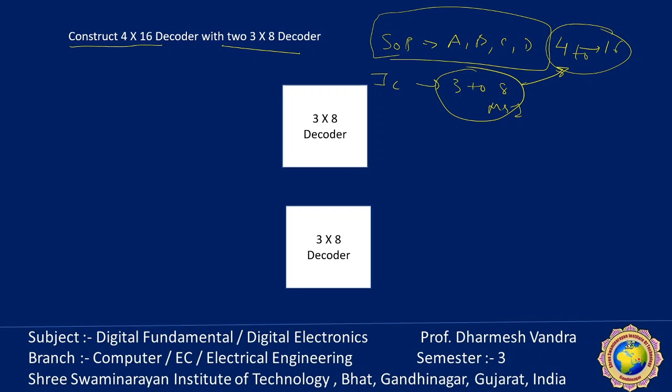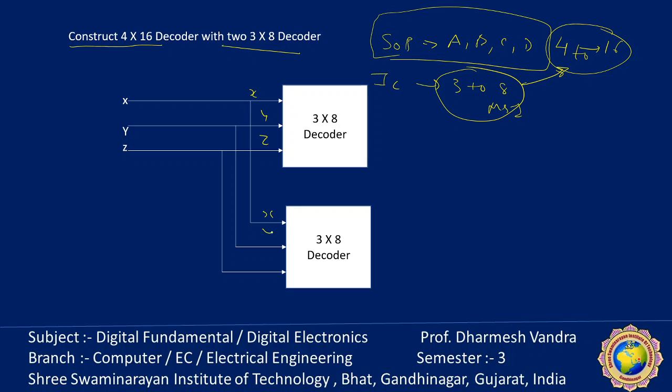Okay, so the first decoder has 3 inputs, X, Y, Z. Here also X, Y, Z. But we know that there is one enable line. So what we will do is connect the fourth input, W, with the enable line.